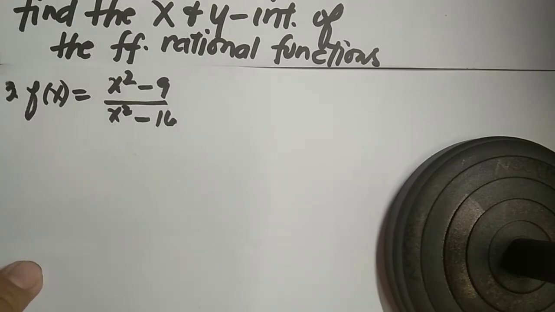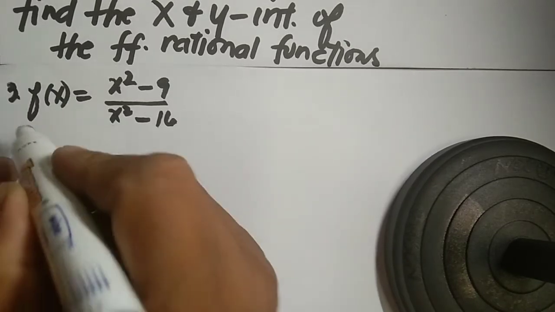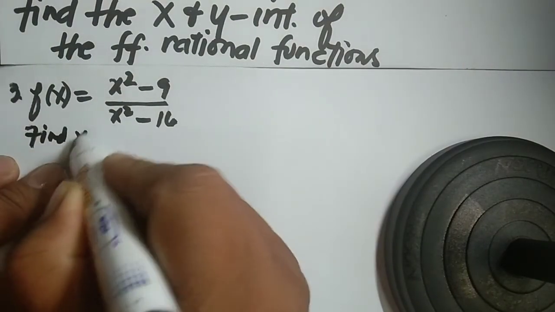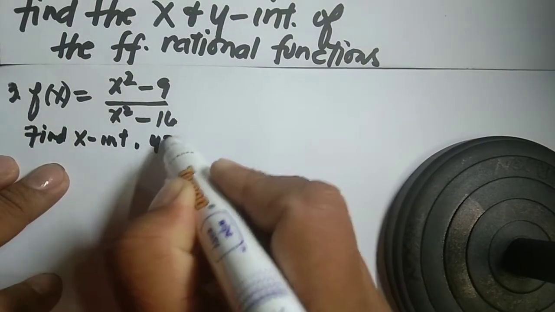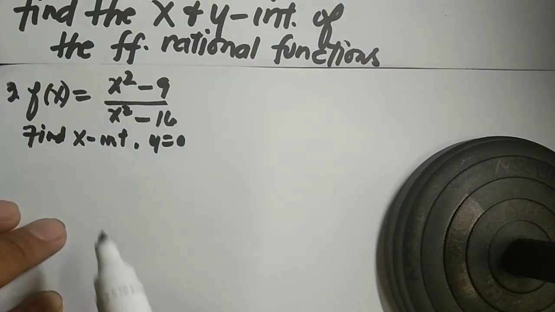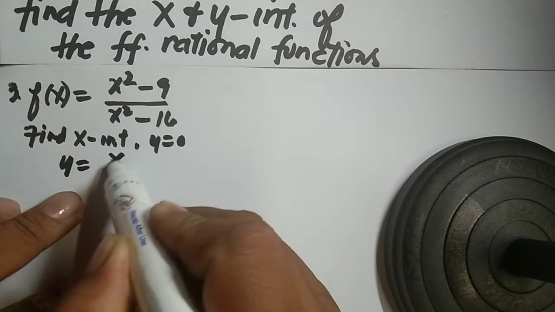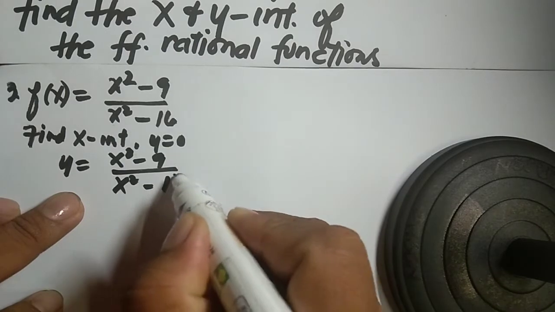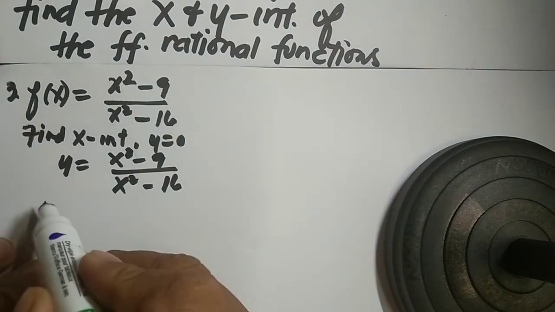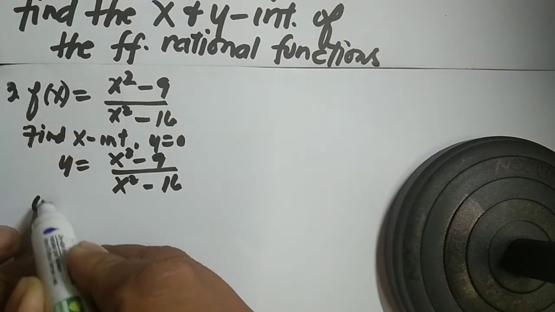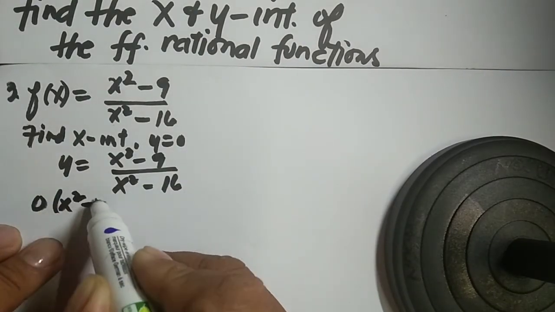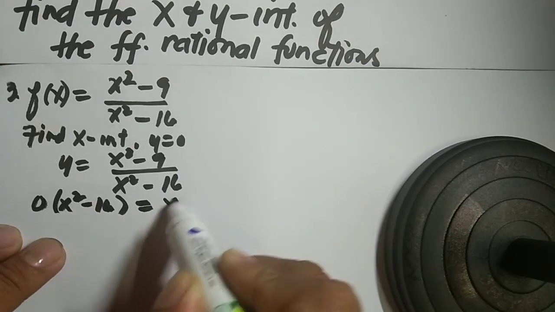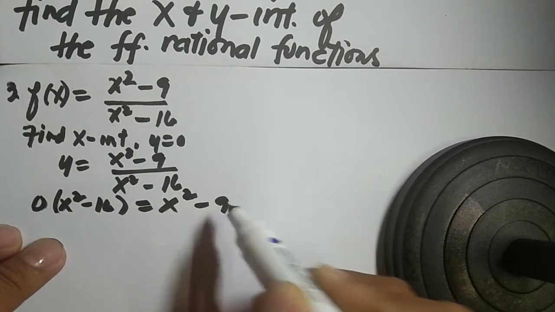Problem number 3. Determine the x and y intercepts of f of x equals x squared minus 9 over x squared minus 16. Find first the x-intercept, so our y is 0. We have y equals x squared minus 9 all over x squared minus 16. We can cross multiply, with y as 0. So 0 times x squared minus 16 equals x squared minus 9.